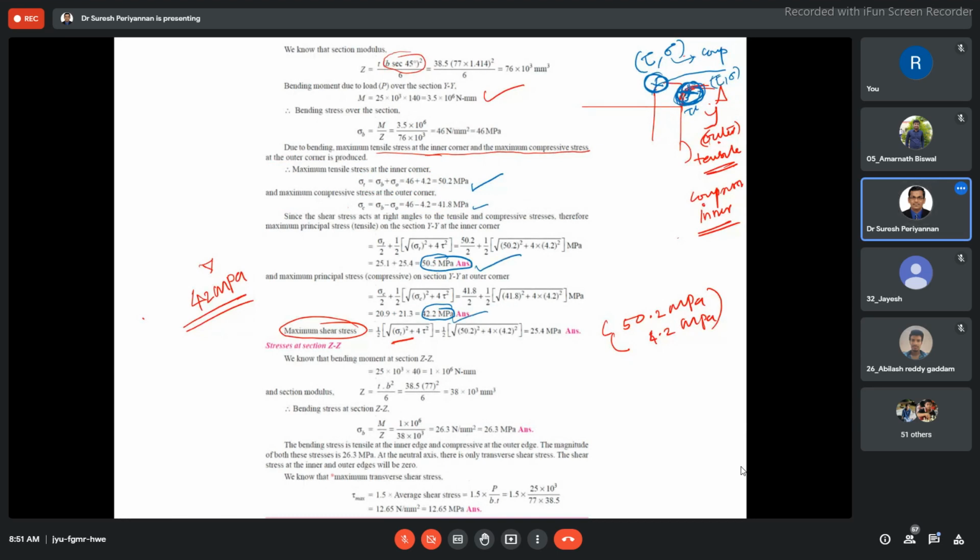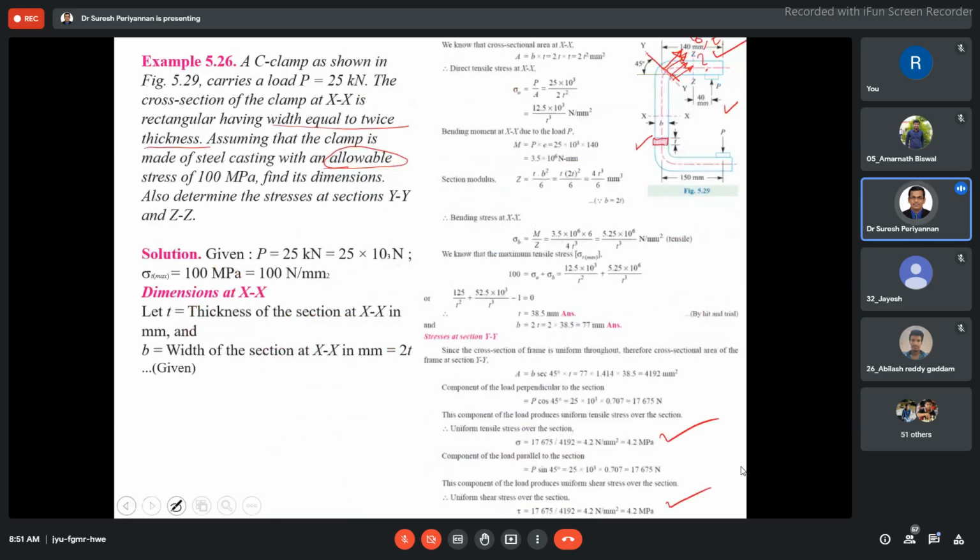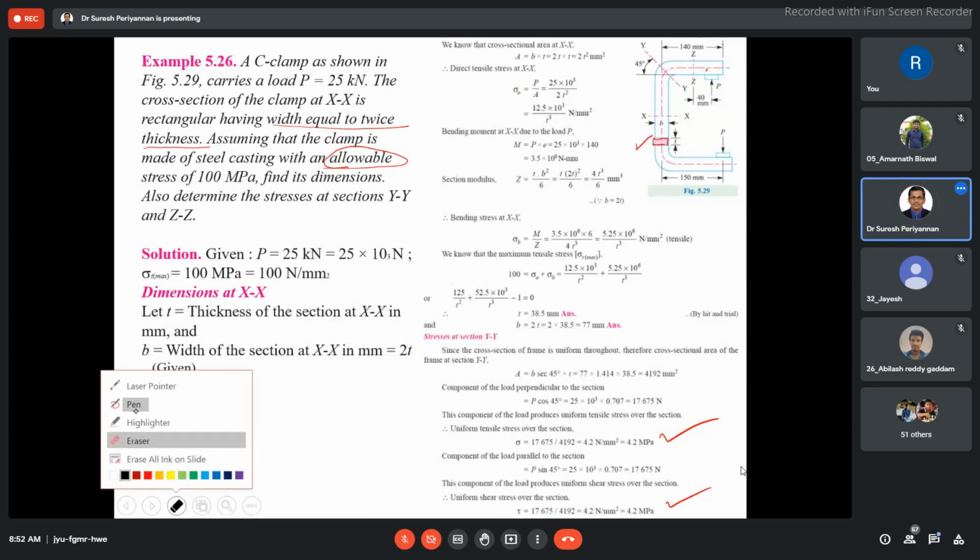Now come to this section ZZ. Finally, we come to section ZZ.